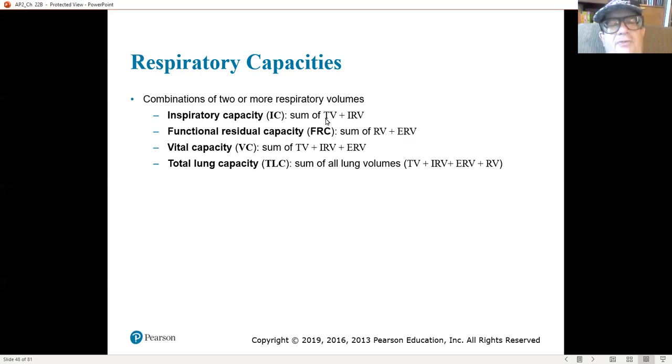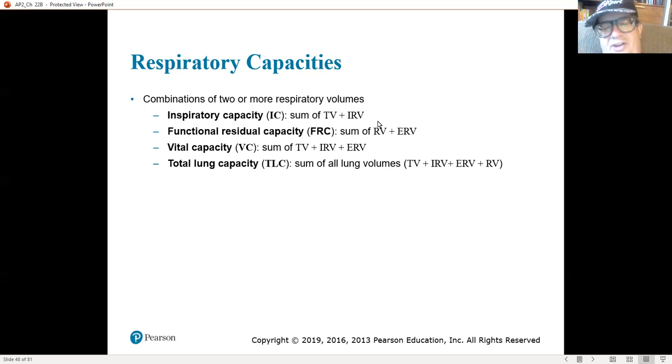But tidal volume, again, the amount you normally breathe in and out, about a half liter. Inspiratory reserve, that's the extra you could breathe in. The combination of the two is inspiratory capacity, the total amount of air that you could breathe in. Now, your functional residual capacity, that's your residual volume, which you can't control.